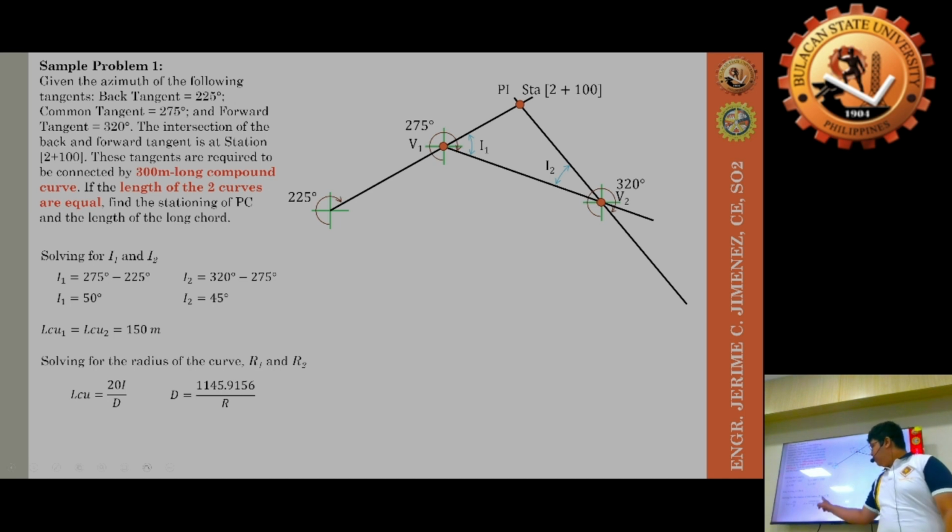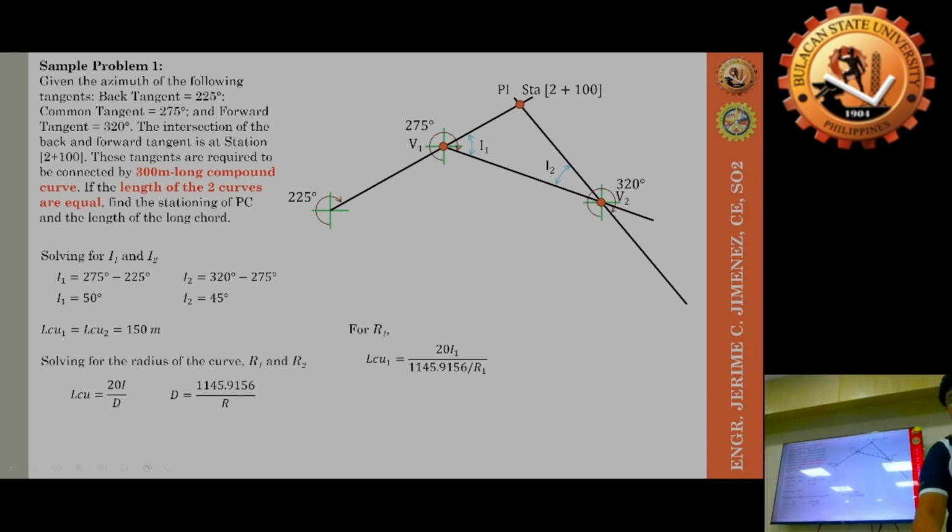Substituting the formula for the degree of curvature into our LCU, we have 20I all over 1145.9156 all over R. Now we can solve for R sub 1. LCU sub 1 is equal to 20 I sub 1 all over 1145.9156 all over R sub 1.